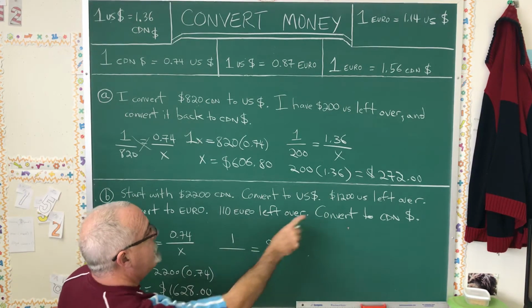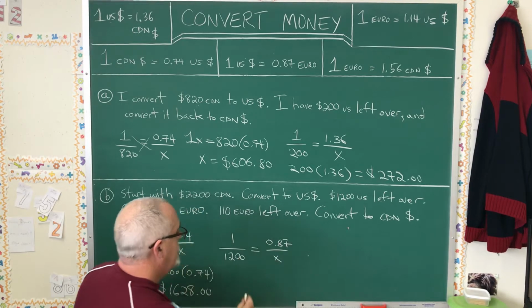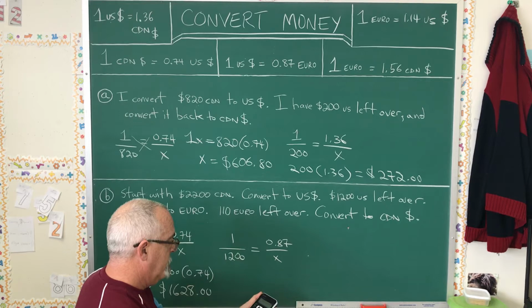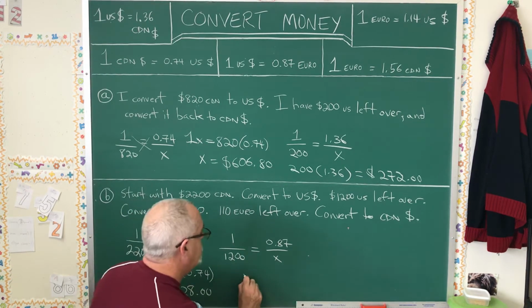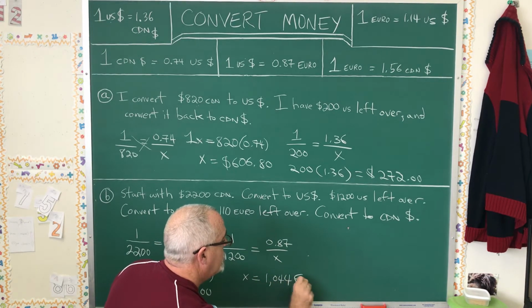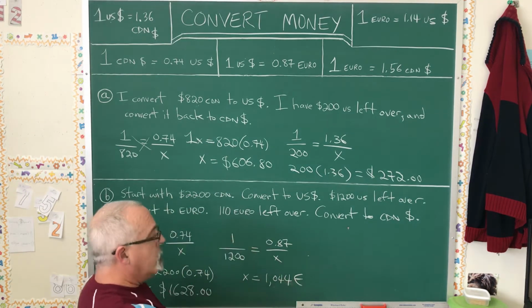But I have 1,200 US dollars. And I'll do the same thing. I'm going to multiply 1,200 by 0.87. And I get 1,044. I have 1,044 euros. Then I go to Europe for a while.